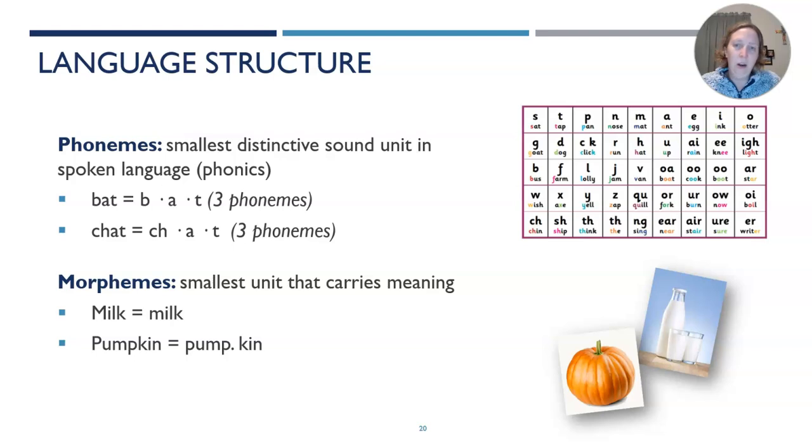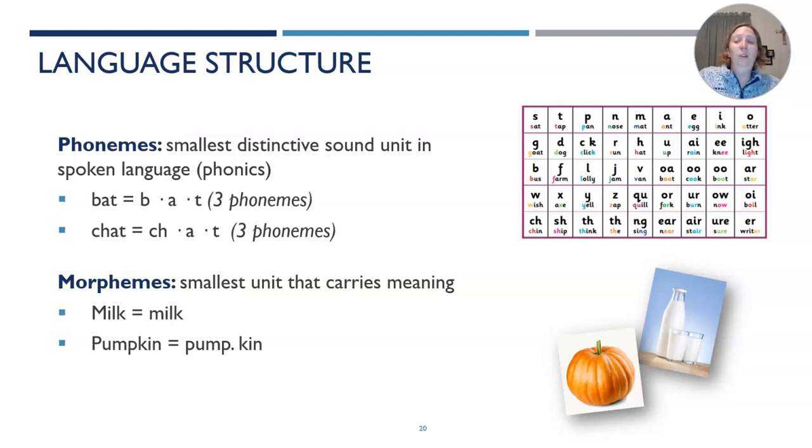Morphemes, on the other hand, are the smallest unit that carry meaning. So how can you break a word down into words or chunks that also convey a meaning? The word milk, just as milk. You can't break that down. You can break it down into phonemes, but morphemes, you can't break it down into anything else meaningful. A pumpkin can actually be broken down into two word chunks, pump and kin. Now, they don't necessarily have meaning individually.